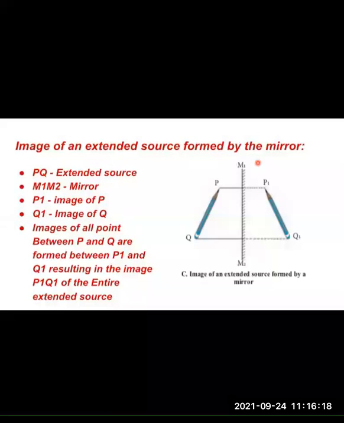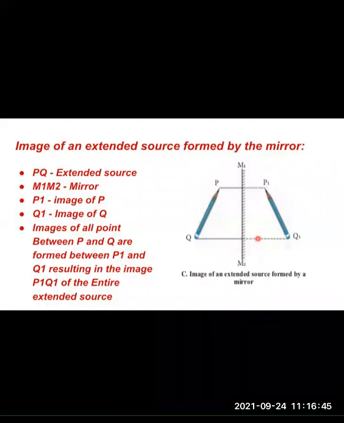There is a plane mirror M1 and M2. Okay, M1, M2 is what? Plane mirror. The slanted light lines at the back of the mirror show the back side of the mirror. P1 is the image of P and Q1 is the image of Q. Now how the image will be formed, we will see.